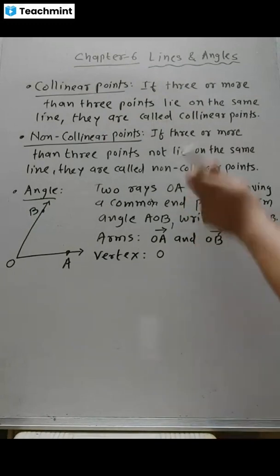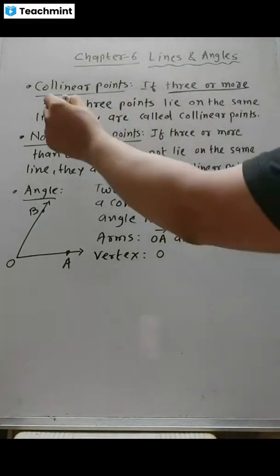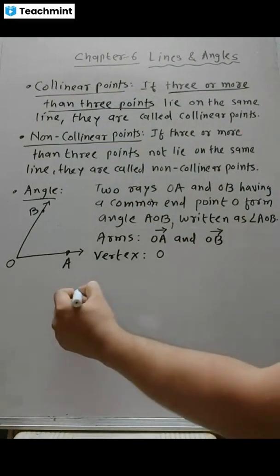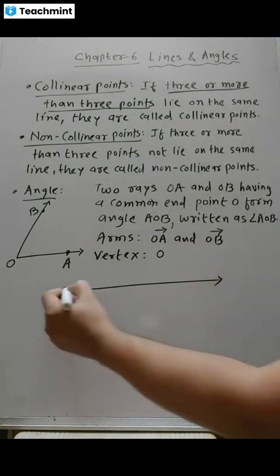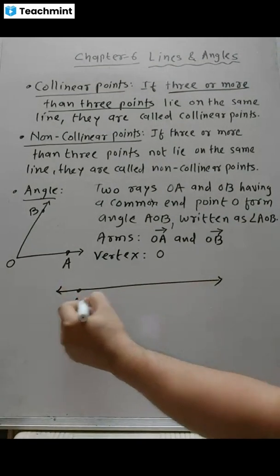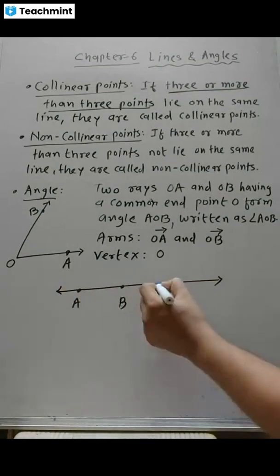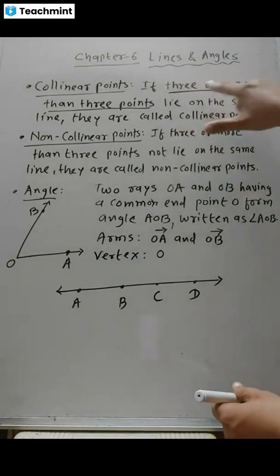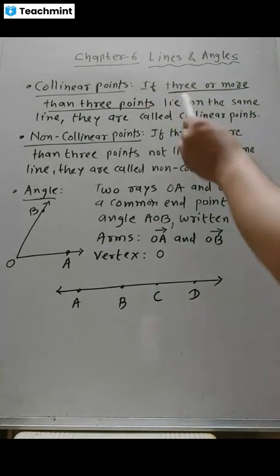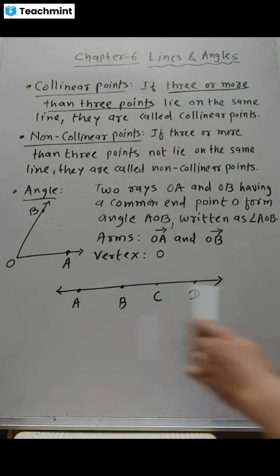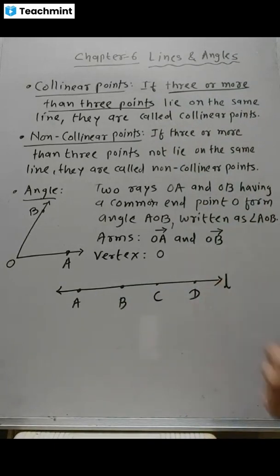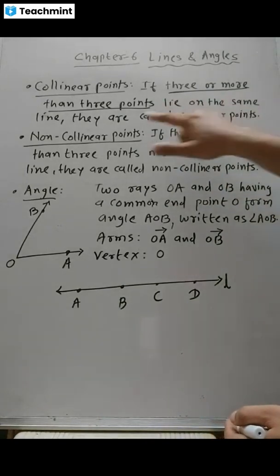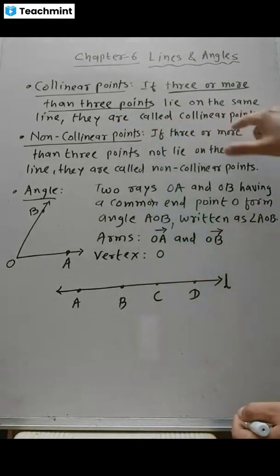Collinear points means three or more than 3 points. Suppose that is a line L, with point A, point B, point C and point D. If three or more than 3 points lie on the same line, they are called collinear points.